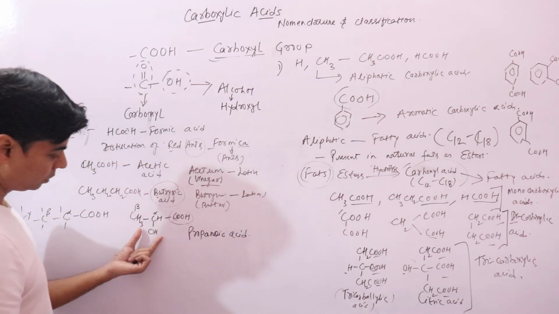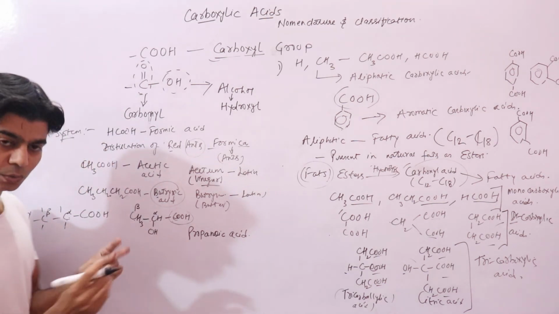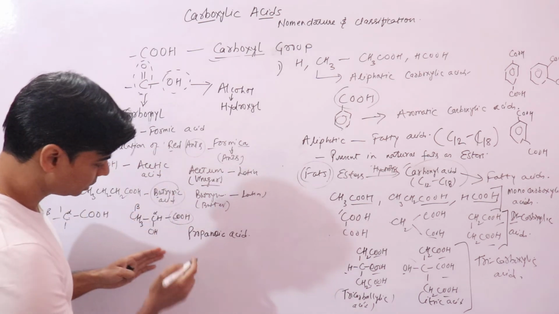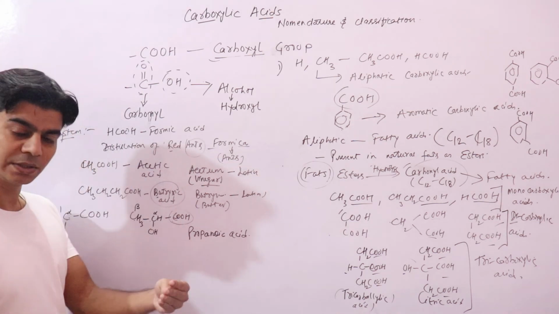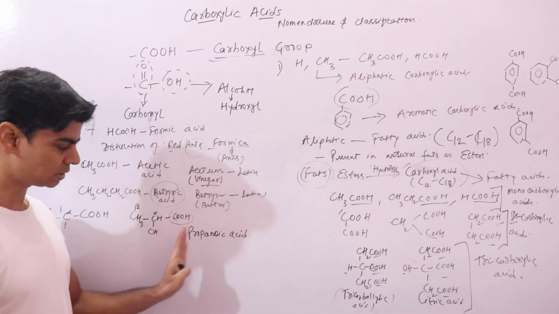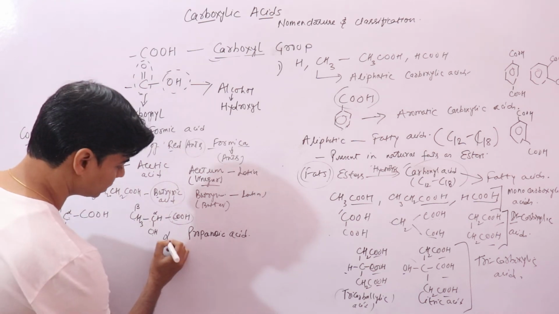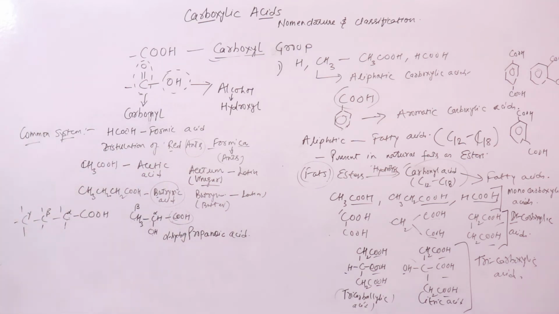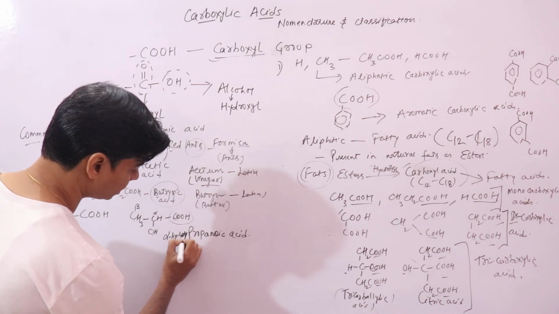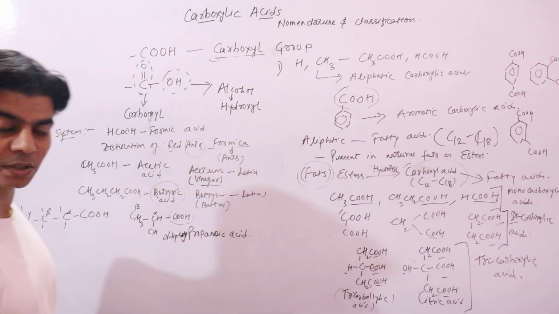At the alpha carbon atom, it has an OH group. The name of the substituent is put before the name of the acid, that is, in prefix. Prefix is before the name and suffix is after the name. So it is alpha hydroxy propanoic acid, right? This is all one word, alpha hydroxy propanoic acid. Just understand how you will name the substituents.